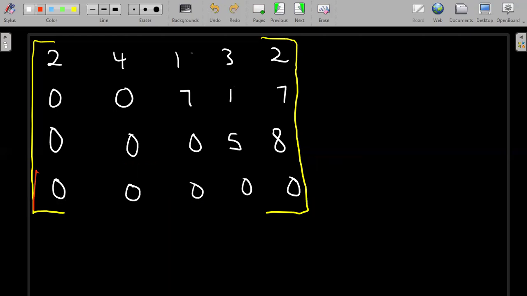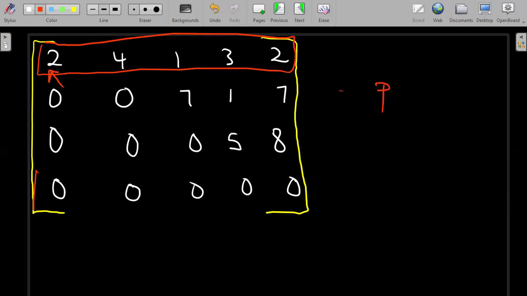And then the second condition we said is that the leading entry in each row should be to the right of the leading entry in the previous row. This is the first row here. The first non-zero entry is called the pivot, or the leading coefficient.